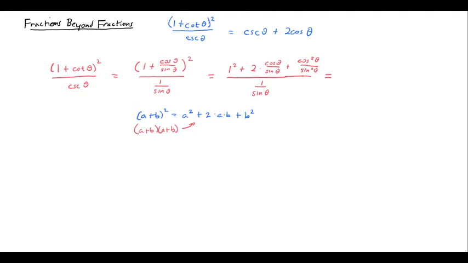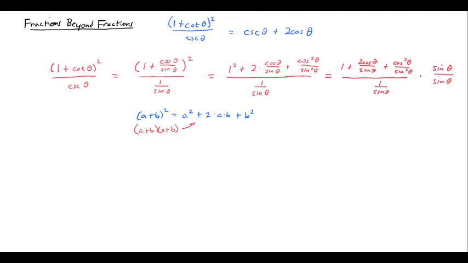In other words, I'm going to take the expression I had in the previous step, just doing a little bit of housekeeping up top here, and multiply by sine of theta over sine of theta.